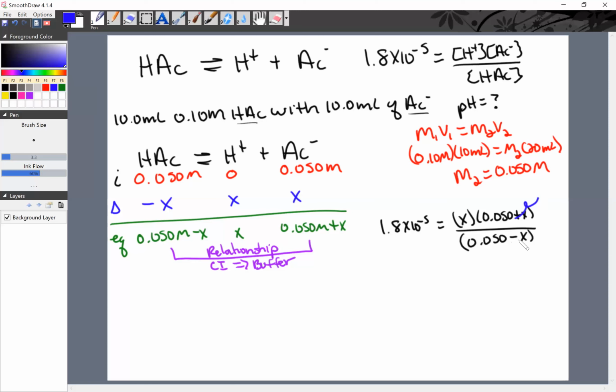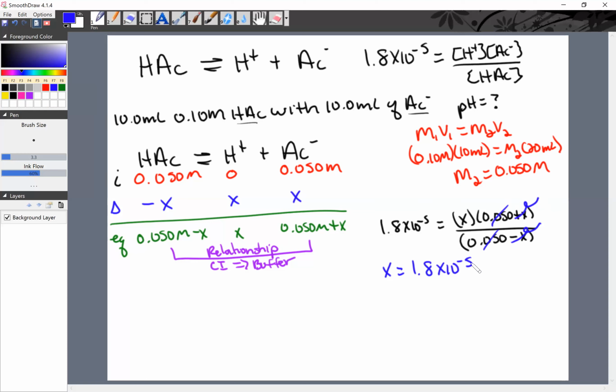The answer is yes. So I may ignore that because the same amount being formed is the same amount being lost. And guess what happens? These two concentrations, because they're equal, go away. And so x is equal to 1.8 times 10 to the minus fifth.